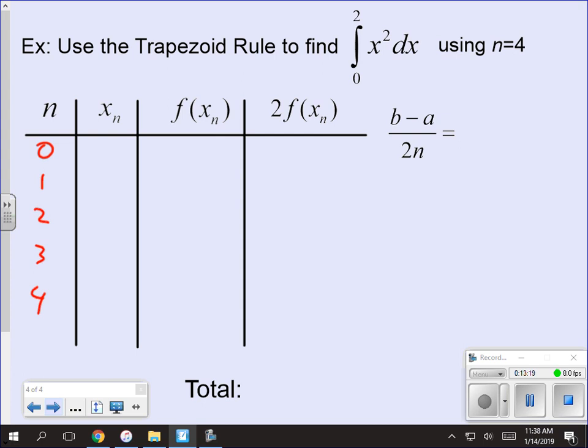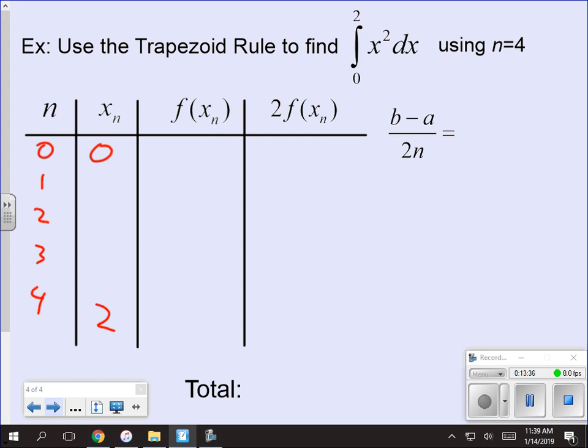What values are those x's? We start with our a, our lower bound. Start with 0 and go to 2 and break it into 4 equal parts.